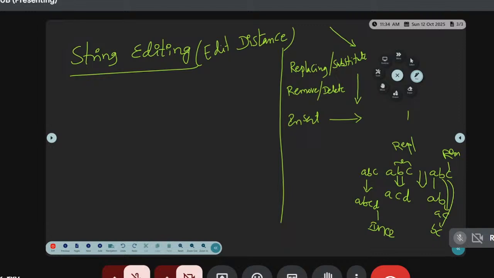Bracket close. Continuation: operations required to transform one string into another string.